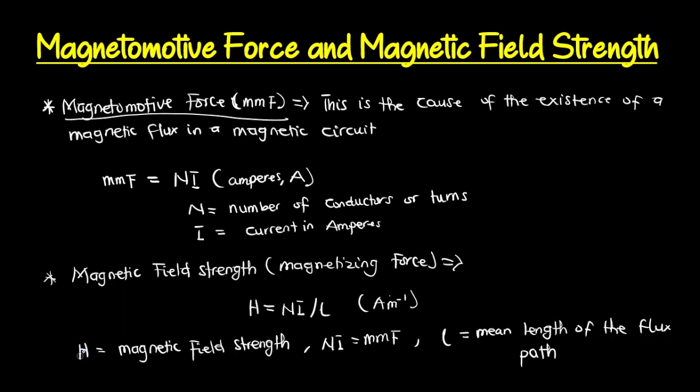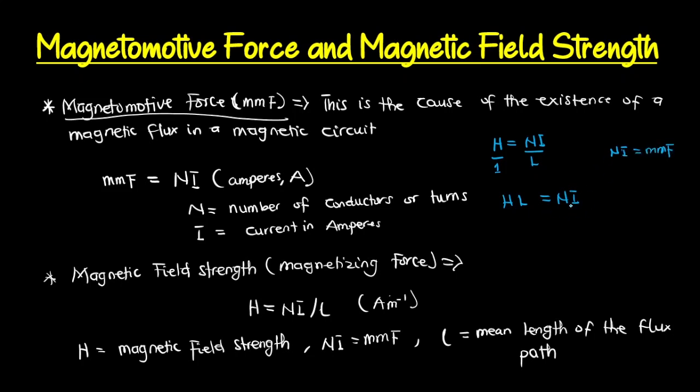Now let's make some deduction out of these two expressions. When we are saying that the magnetic field strength H is equal to Ni on L, or the magnetomotive force on L, if I cross multiply over here, I'm going to have the magnetic field strength multiplied by the mean length is equal to Ni. Remember this is just the number 1. So from here we know that Ni is equal to mmf.